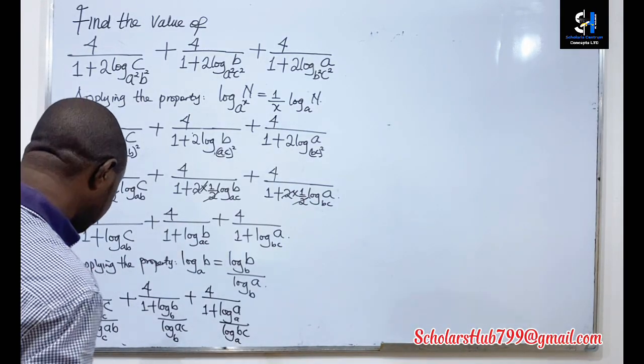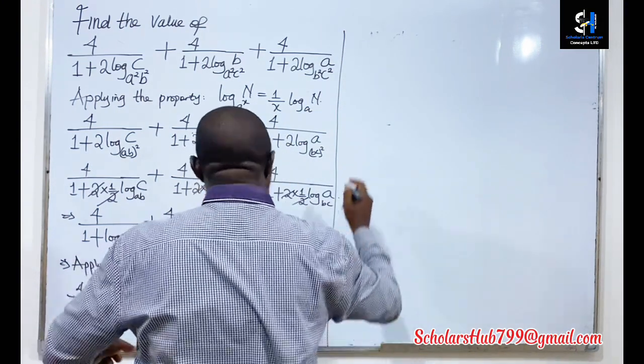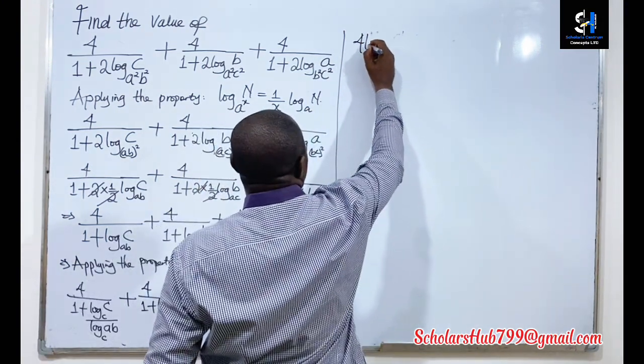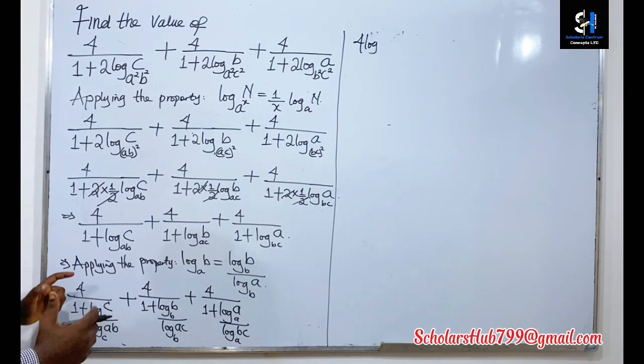So in this case, if I simplify this, 4 divided by a fraction: when we divide a whole number by a fraction, we flip the fraction. So this will come here.